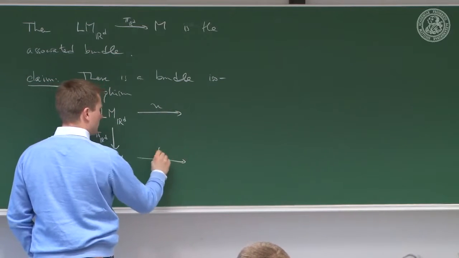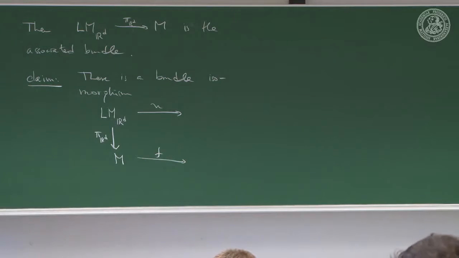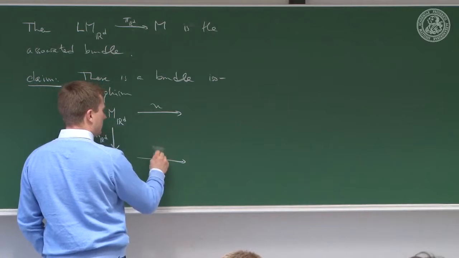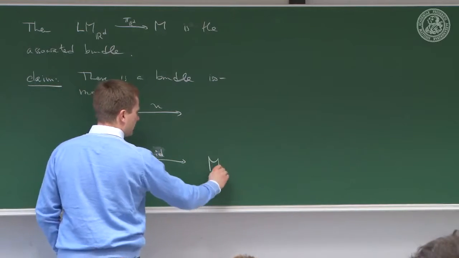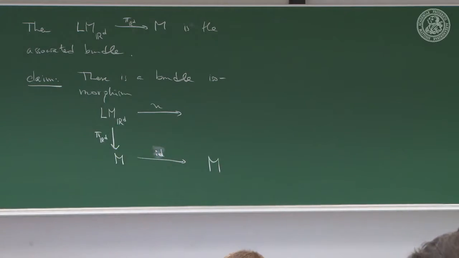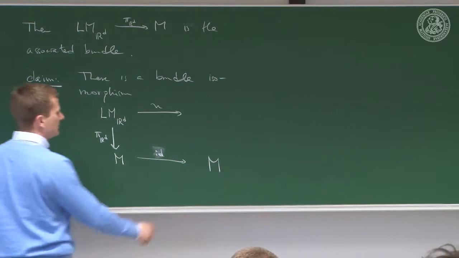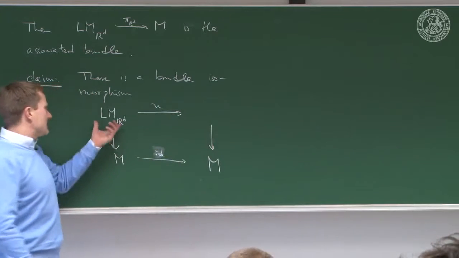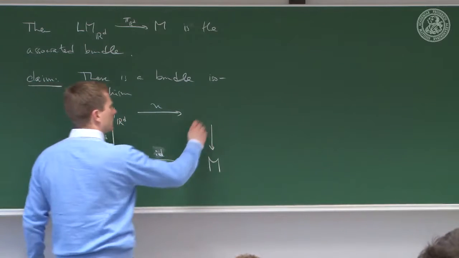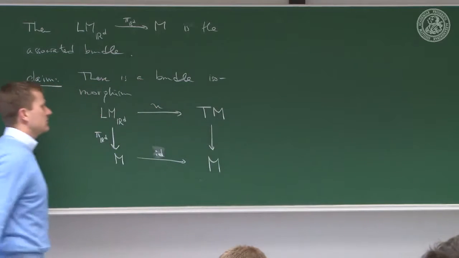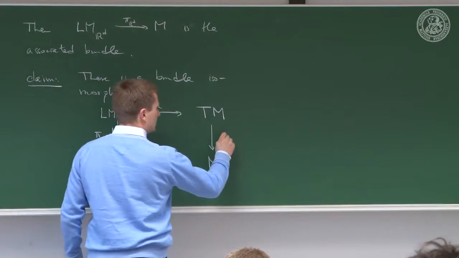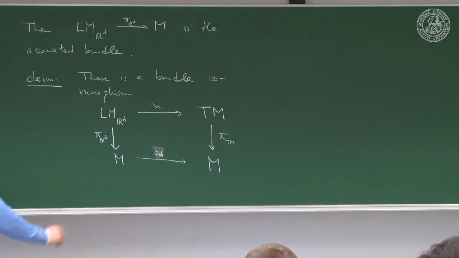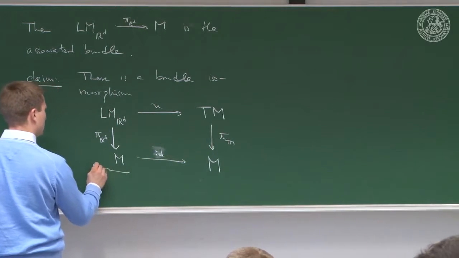You know, a bundle morphism always consists of two maps. It consists of a map between the base manifolds, but there I use the identity, so it's a very special bundle map even. Bundle isomorphism, with M to the same base space, that takes you from the thus constructed associated bundle to the well-known tangent bundle over here, and that's the pi map of the tangent bundle. Okay, so this thing we just constructed.